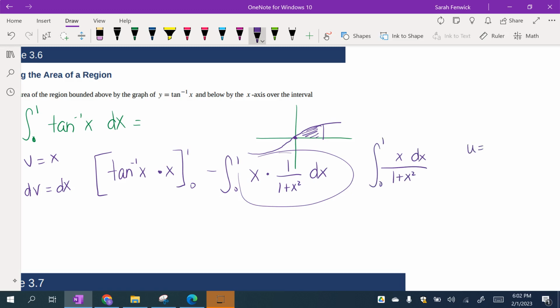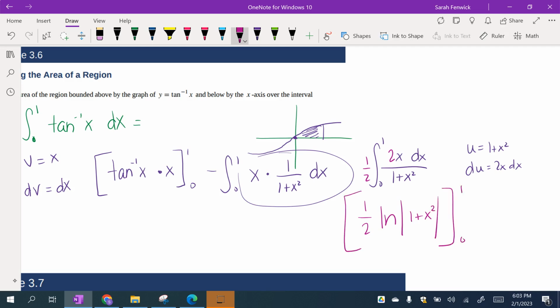If I say u is 1 plus x squared and du is 2x dx, I would put a 2 here and a 1/2 out here. And that would be 1/2 natural log absolute value of u from 0 to 1. So we have x inverse tan x from 0 to 1 minus this one right here.